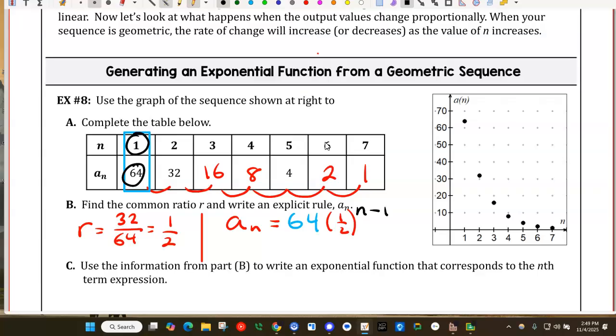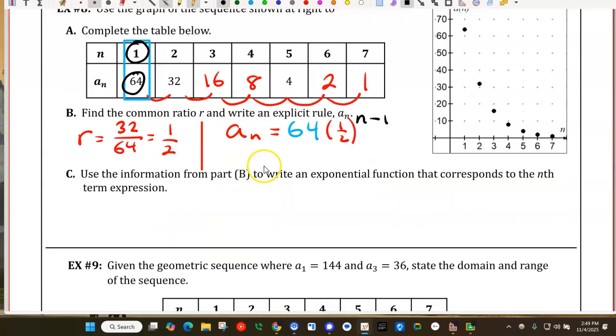Okay, the step we're going to take a little further today is, like yesterday, we want to write this in a more conventional way, which is function notation that has this format: f of n equals a times b to the n power. So we don't have that n minus 1, which really means we need the 0 term.